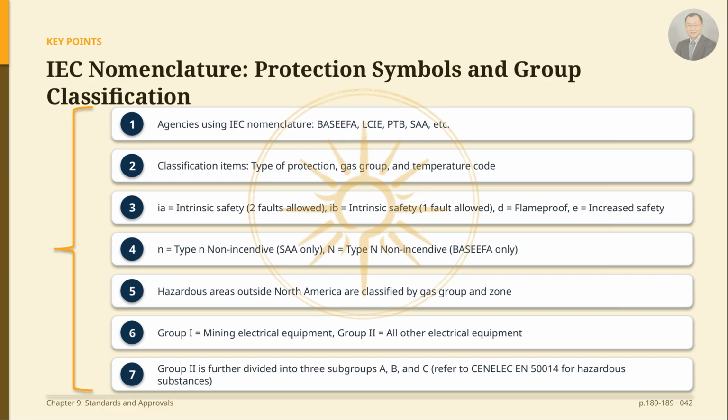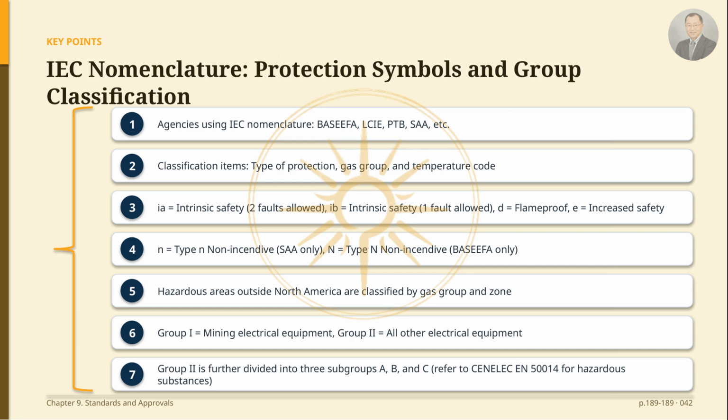Looking at the protection type symbols, IA refers to intrinsic safety allowing 2 faults, and IB refers to intrinsic safety allowing 1 fault. D stands for flameproof, and E stands for increased safety. Lowercase n denotes type n non-incentive, which is a notation specific to SAA, while uppercase N denotes type N non-incentive, specific to BSIFA.